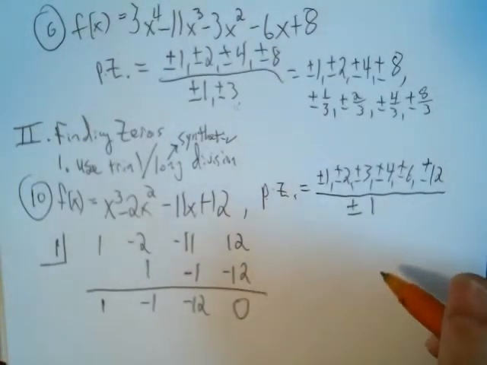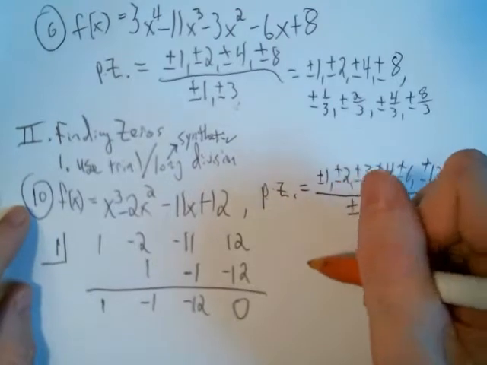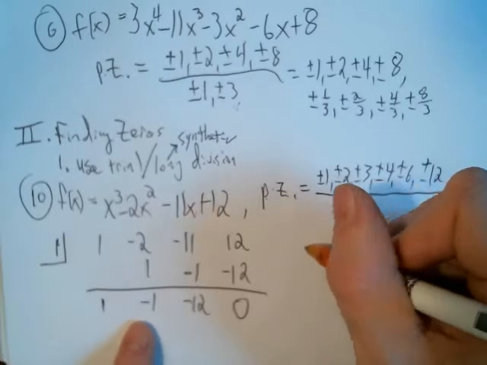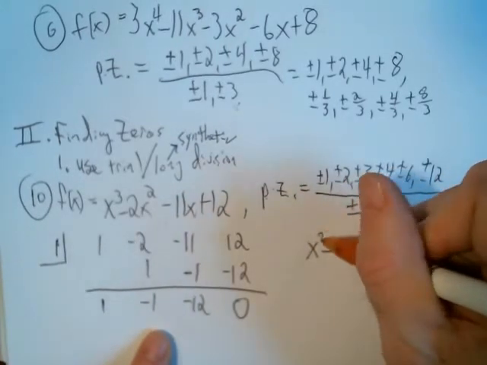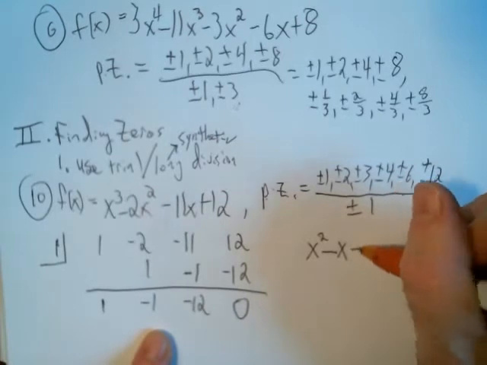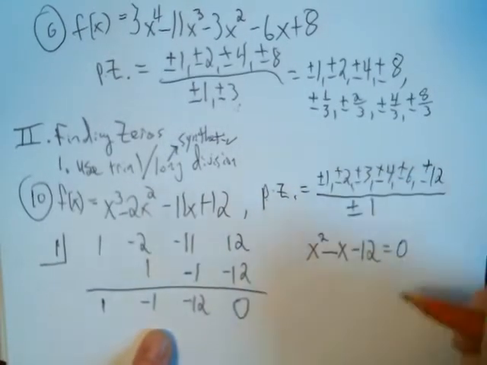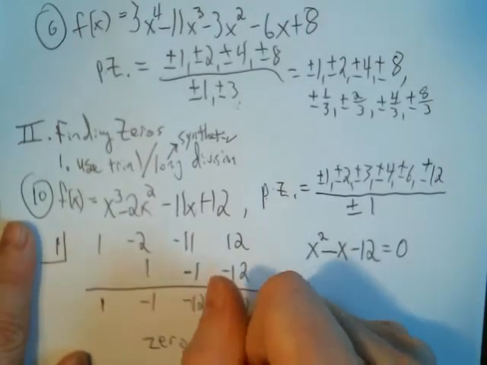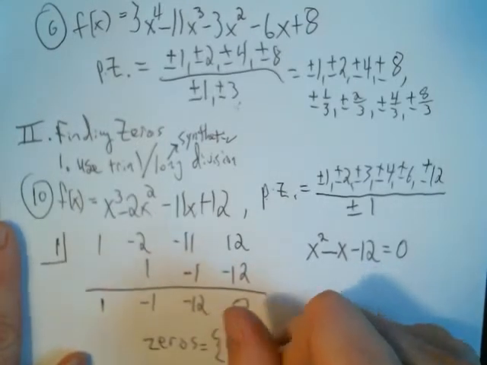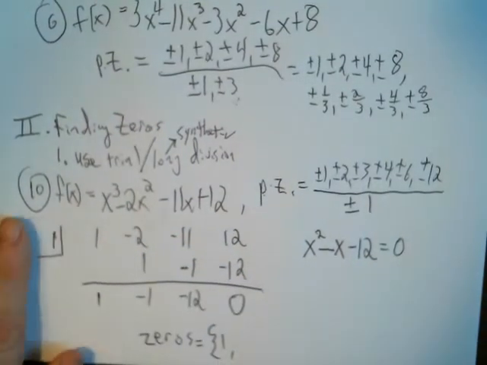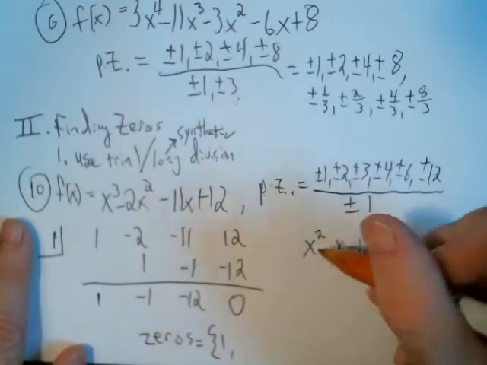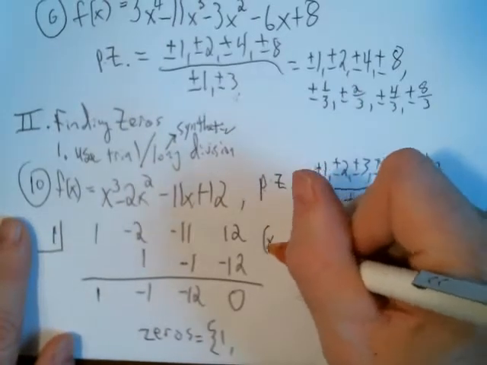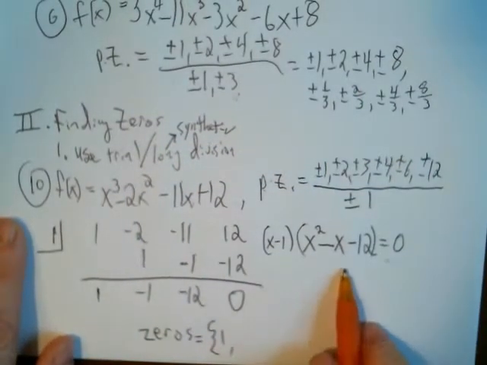And generally you won't stop there, right? So we have x minus 1, but then this guy right here is x squared minus x minus 12, and you can set that equal to 0 and solve for its zeros, and that will give you the remaining zeros. So right now, certainly we have 1 as a 0, but there's more, okay? So what's happened is that we've effectively taken this polynomial and factored it into x minus 1 times x squared minus x minus 12.